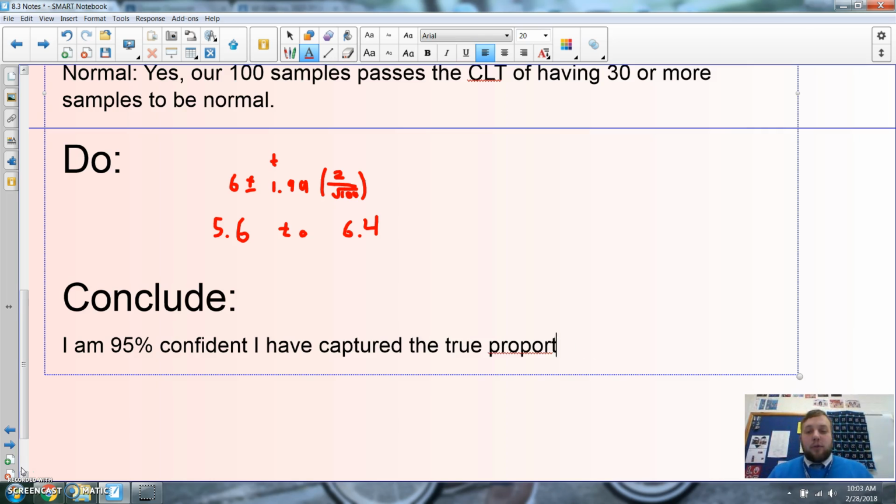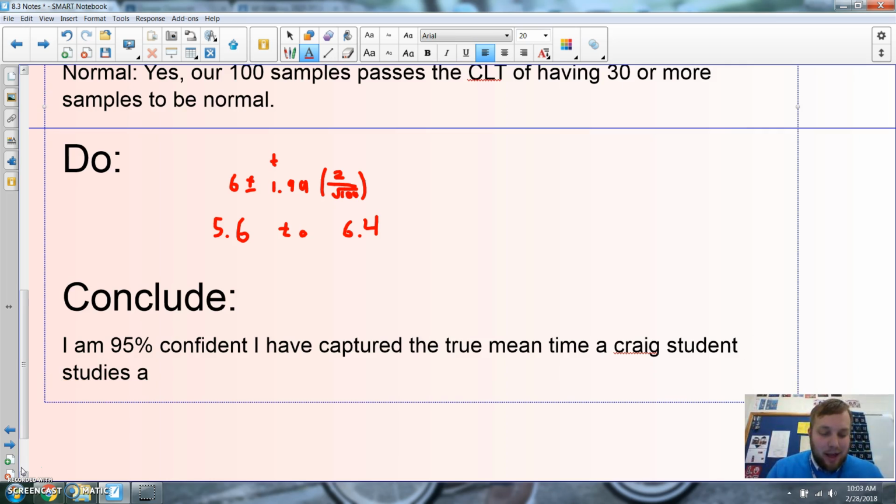or not proportion, the true mean time a Craig student studies at home to be between 5.6 and 6.4 hours.